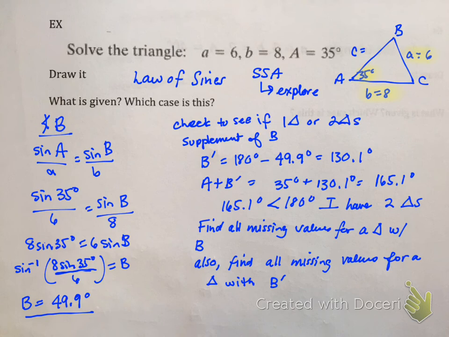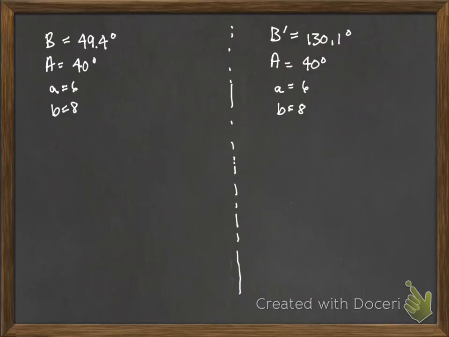So the first triangle we're going to find is where B equals 49.4 degrees. Angle A was given as 40 degrees, side A was given as 6, and side B was given as 8.